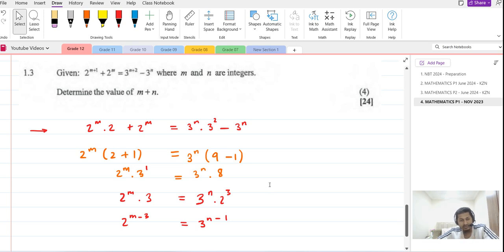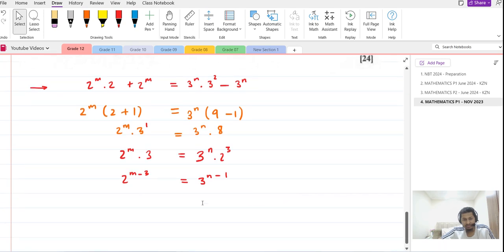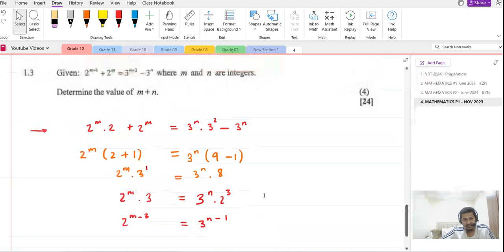So that's the equation that we have. How can we solve this equation? Determine the value of m plus n. What I've done here is factor it out, but this is not helping because this is base 2 and this is base 3. We can't really drop the bases, so that's the problem we are having.